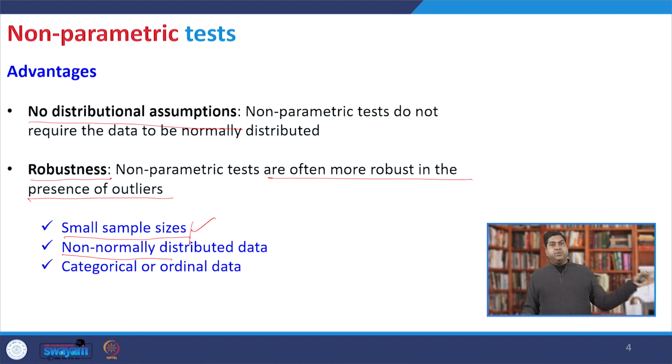But it is not universal that all the time we'll get data which is normally distributed. For such cases, definitely the non-parametric test can be used. And as mentioned in the earlier slide as well, for categorical data like nominal or ordinal data, where the data represents some sort of order, we can simply go ahead with the non-parametric test.